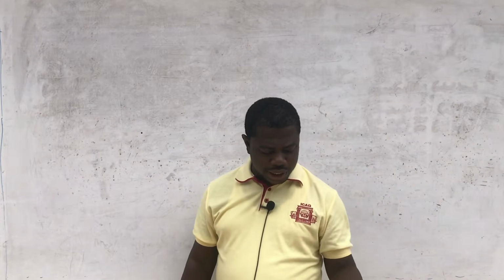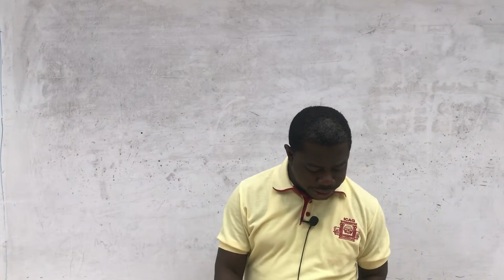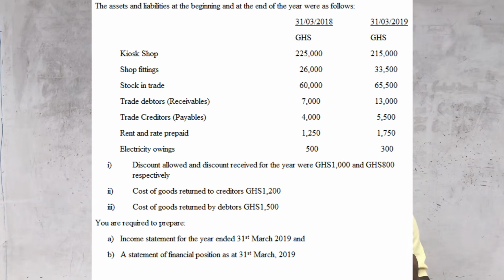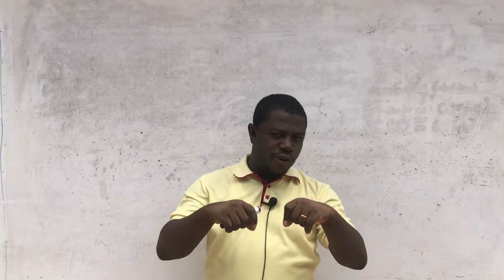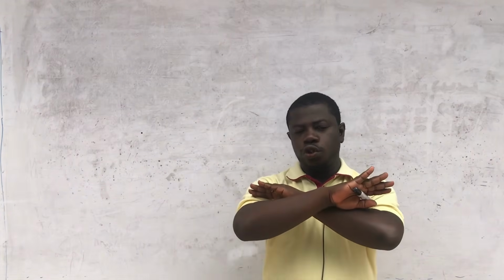But when you go to the list of balances, you will see that the rent and rate has a prepayment for opening and closing. Electricity has an owing for opening and closing. These are the only two we are going to prepare accounts for. The other ones that did not have anything said about them in the opening and closing balances, we are not going to prepare accounts for.